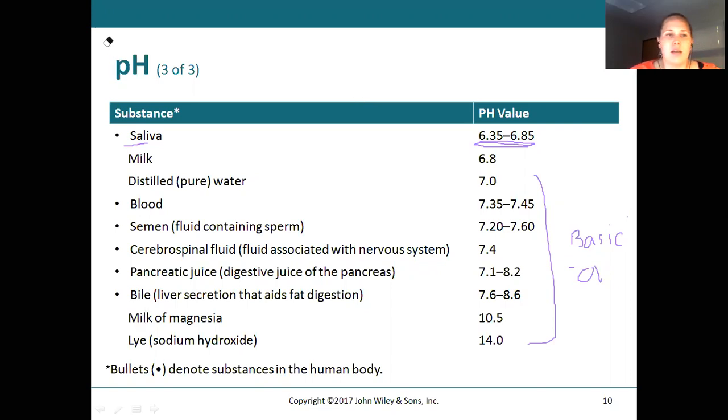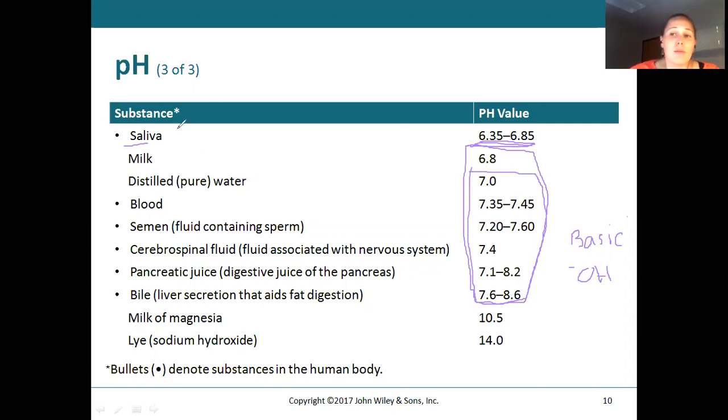Blood is just a little bit in that direction. Semen, cerebrospinal fluid, pancreatic bile, milk of magnesia, lye. But with that being said, you'll notice that I'm saying these things are basic, but they're very, very subtly basic. They could also be characterized as neutral because they are very close to the pH 7 range. All of these are in that 7-ish range, a very neutral area.